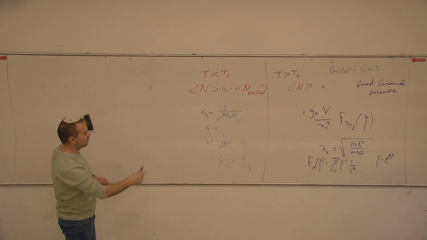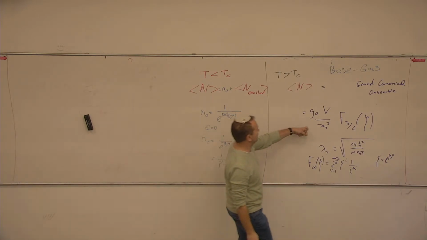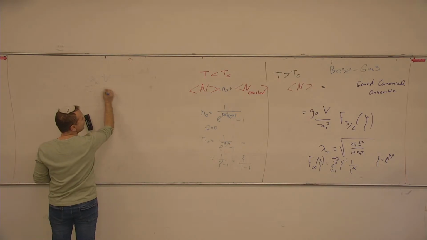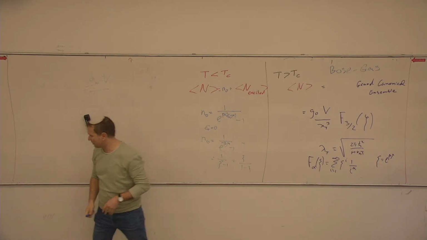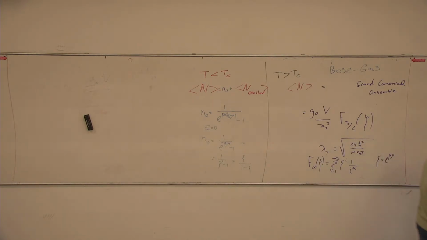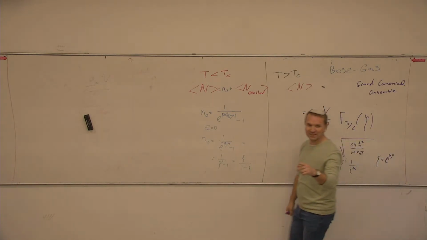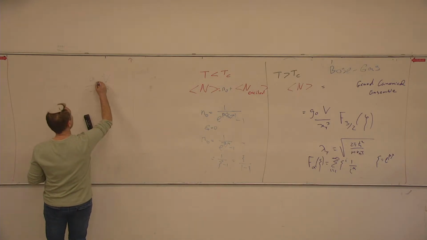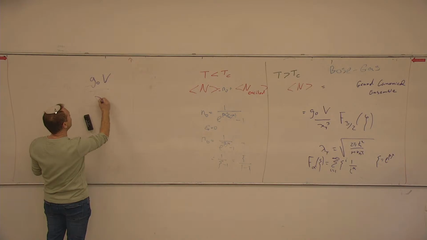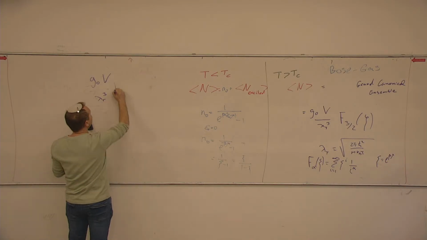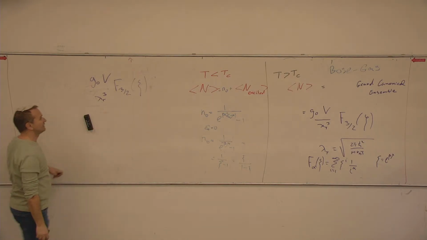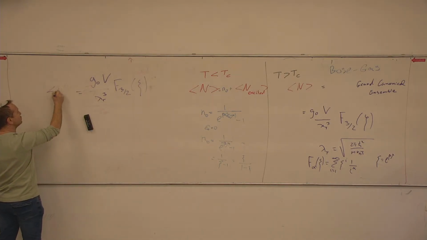Your connection is this thing: G0 V divided by lambda T to the 3, F 3 halves at C, and I'm saying that it equals N.